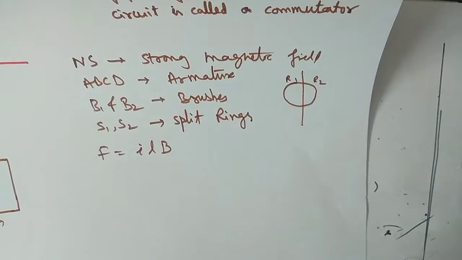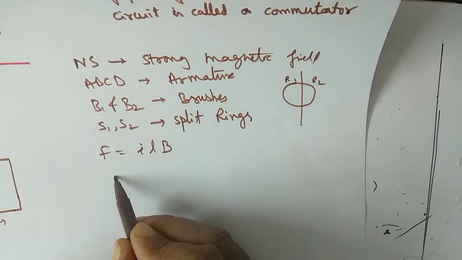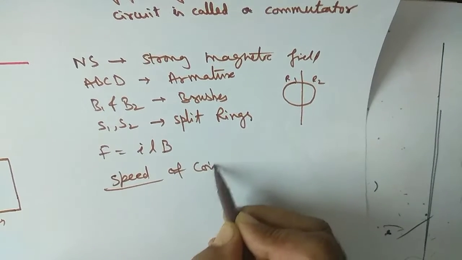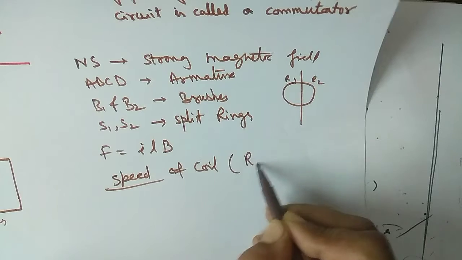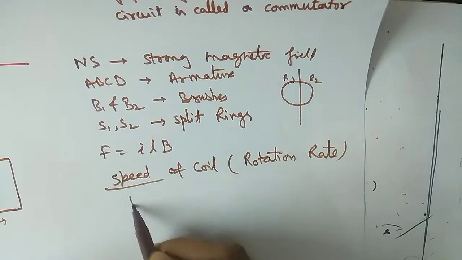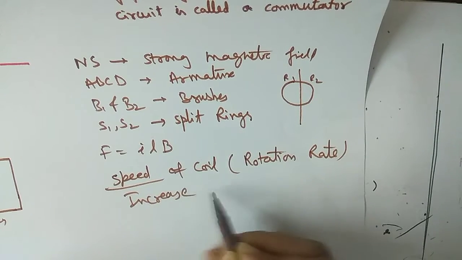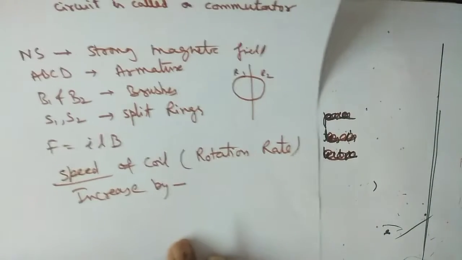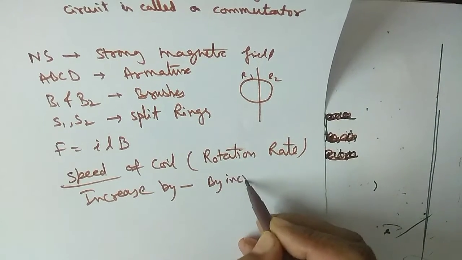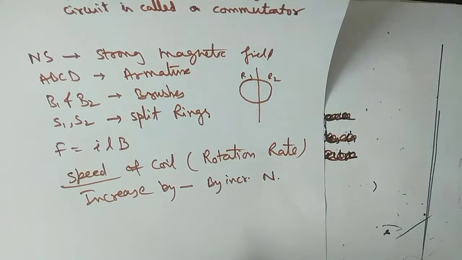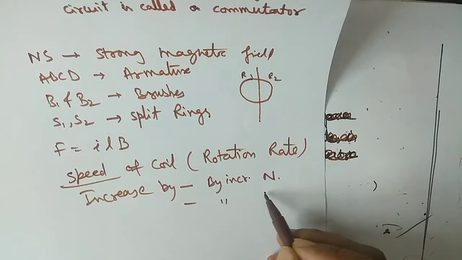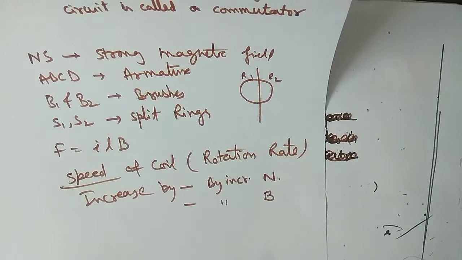Now how can we increase the speed of the coil, that is, the rotation rate? There are four conditions. First, by increasing the number of turns. Second, by increasing the magnetic field strength.